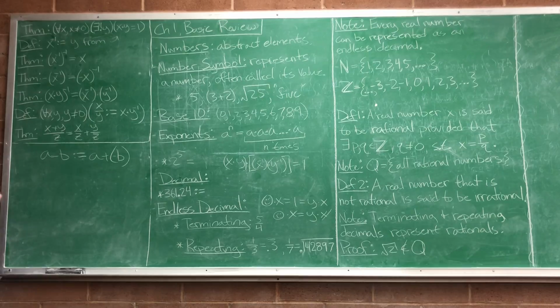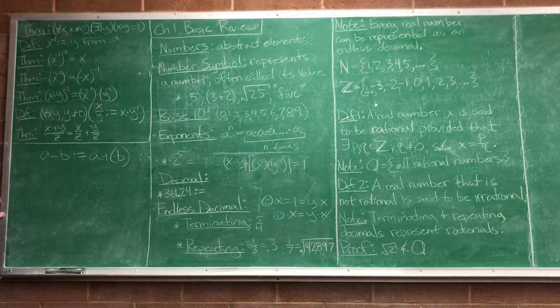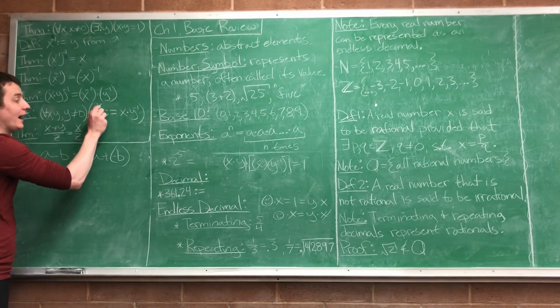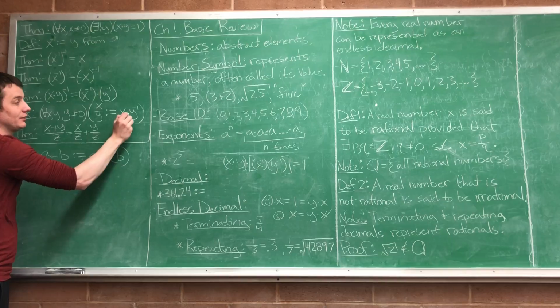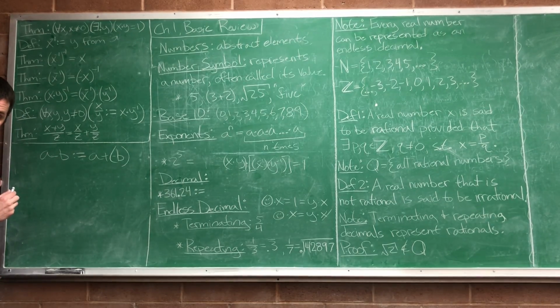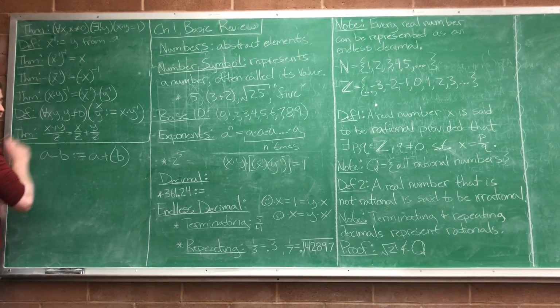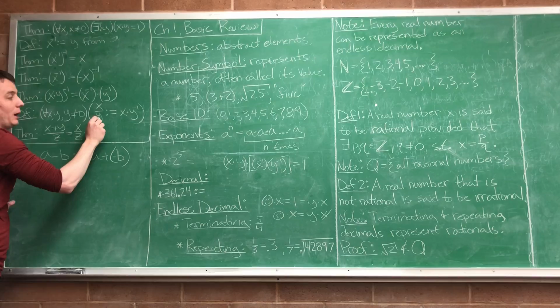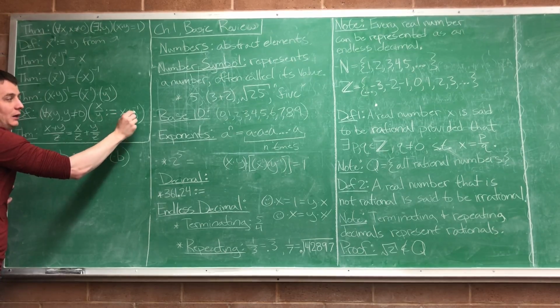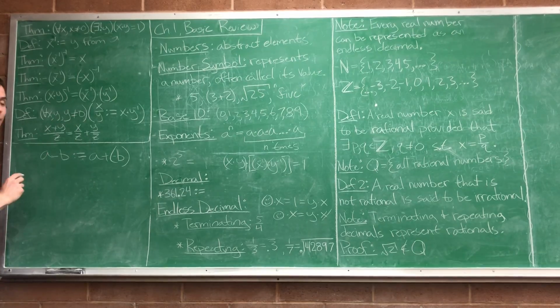So similarly, we're going to define x divided by y to be x times y's multiplicative inverse. Okay. So for all x and y, where y is not equal to 0, x divided by y is the same thing as x times y's multiplicative inverse.